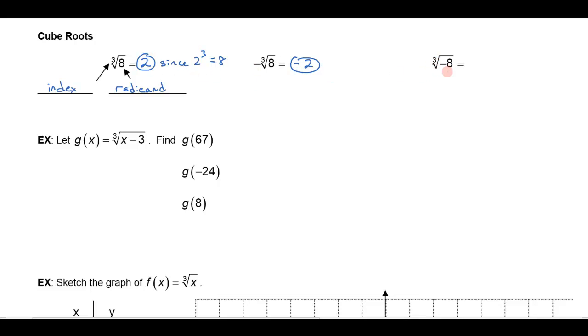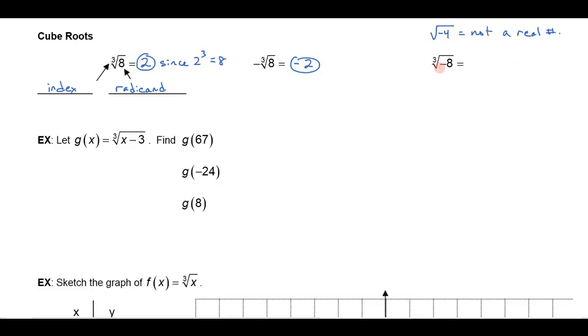And the cube root of negative 8, well, you remember if I had the square root of negative 4, that was not a real number, because there's no number you could square to get a negative number, in this case negative 4.